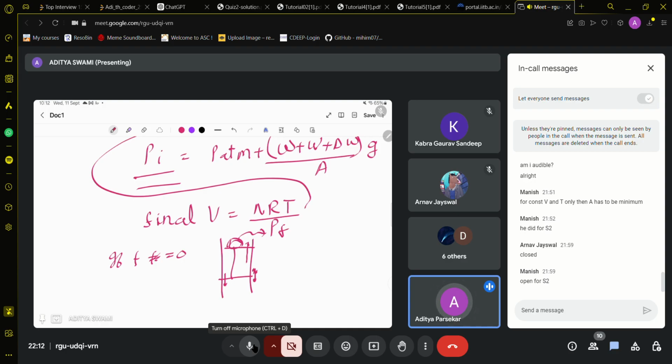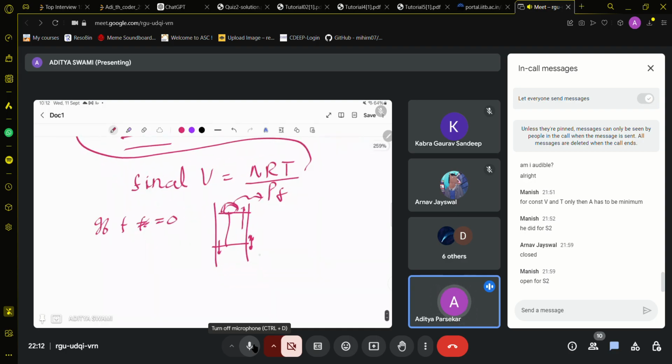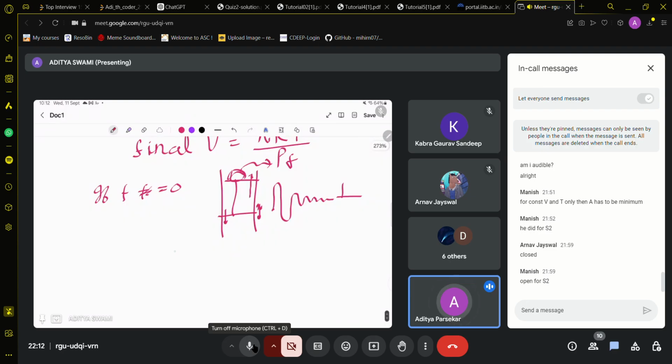But here we have been given that there is a friction acting on the system. So what will happen is these oscillations will eventually die down, and the system will come to a steady state equilibrium.